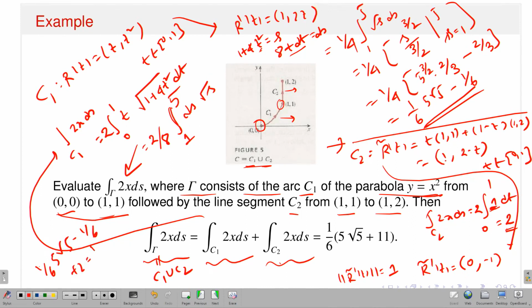So, 2 minus 1 by 6, that means 11 by 6. Taking 1 by 6 common, we get 1 by 6 times 5 root 5 plus 11. That is the plan. So, you can just use the properties of scalar line integral, break up the curve, get the parameterization of each curve and then use the formula. That is it.